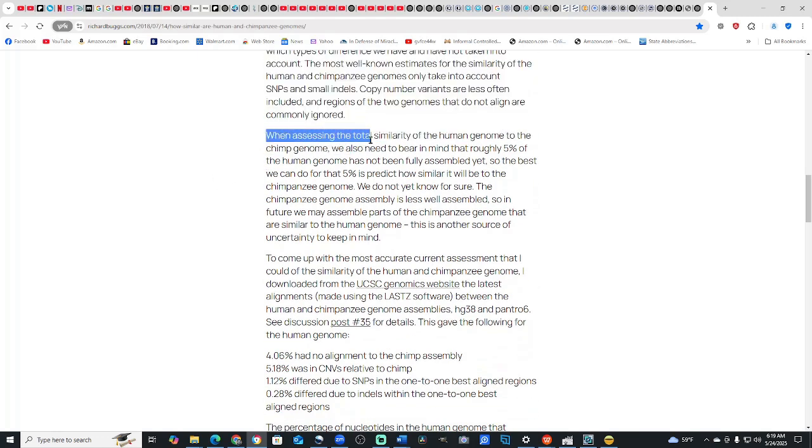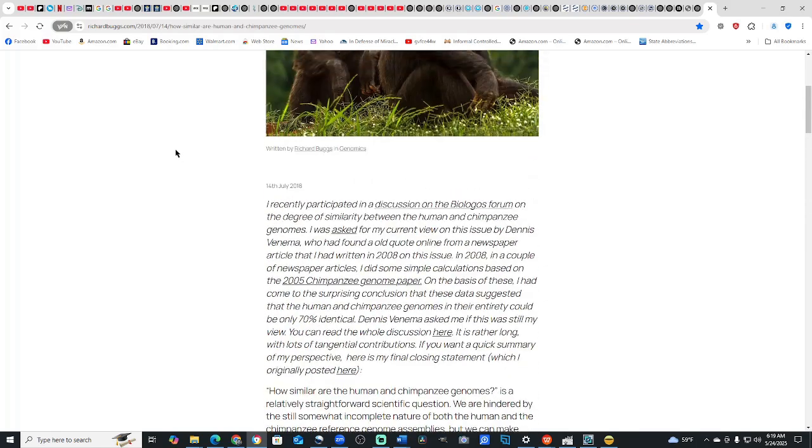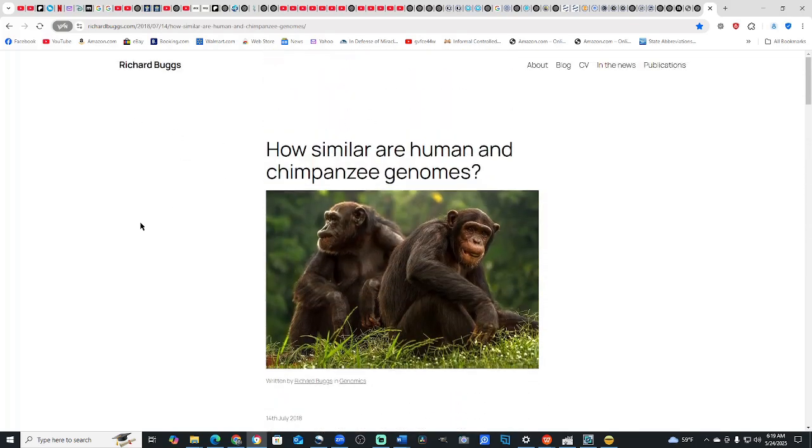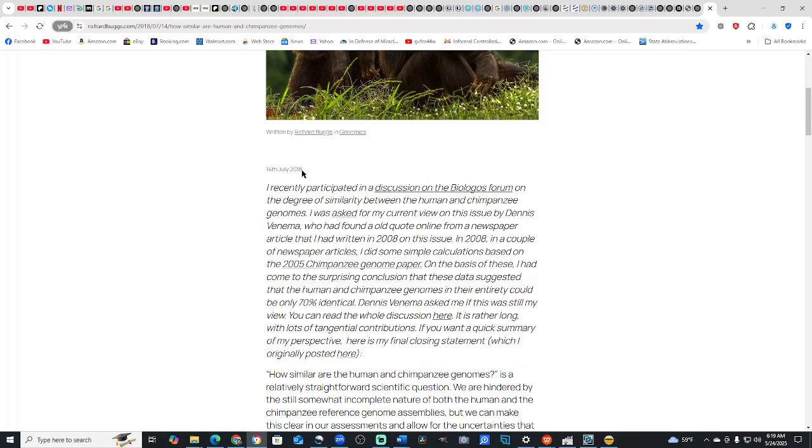When assessing the total similarity of the human genome to the chimp genome, we also need to bear in mind the amount that had not yet been sequenced as of 2018, which is when Richard Buggs made this blog.